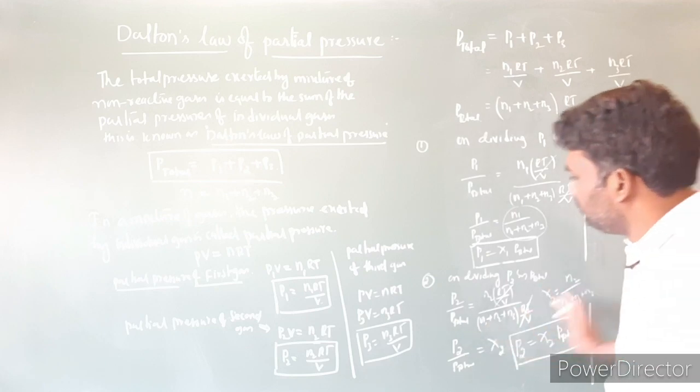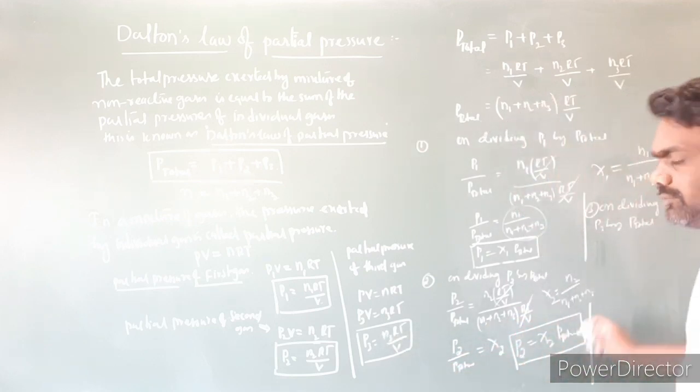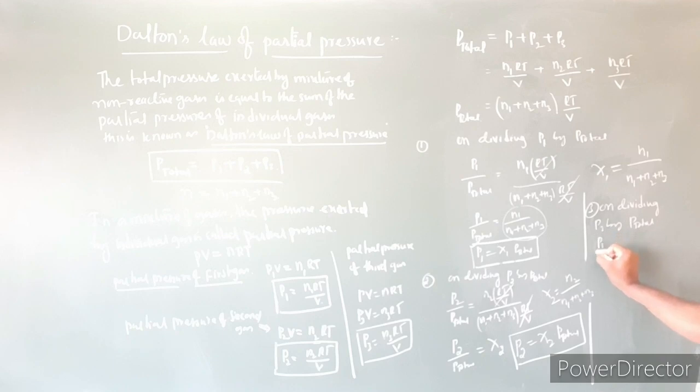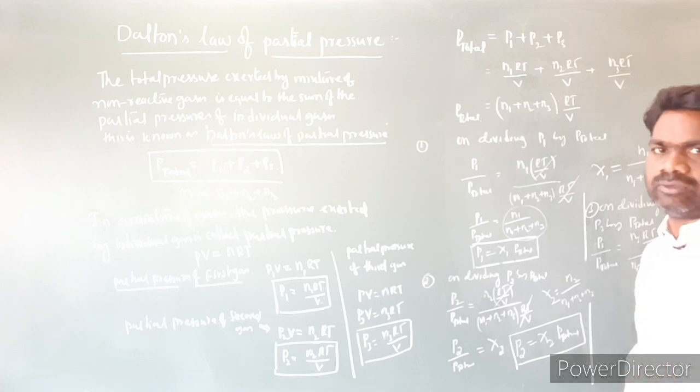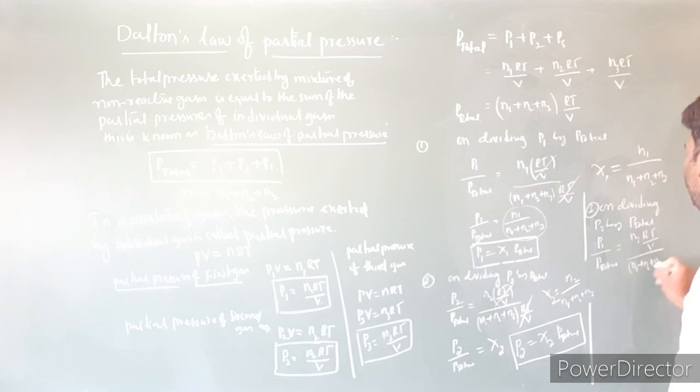P3 is N3 RT by V. So P3 by P total is equal to N3 RT by V by N1 plus N2 plus N3 into RT by V, isn't it? Then RT by V will cancel.